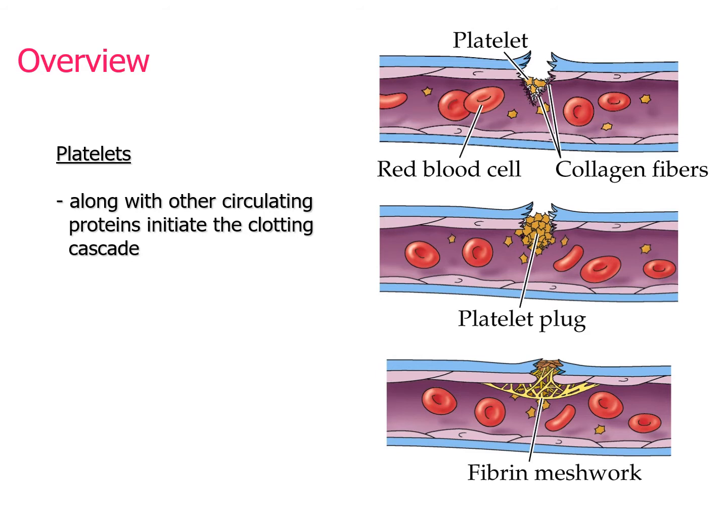What you get is exposure of the connective tissue material just below the layer of endothelial cells. These here are the endothelial cells lining a capillary. Now, that connective tissue is basement membrane.